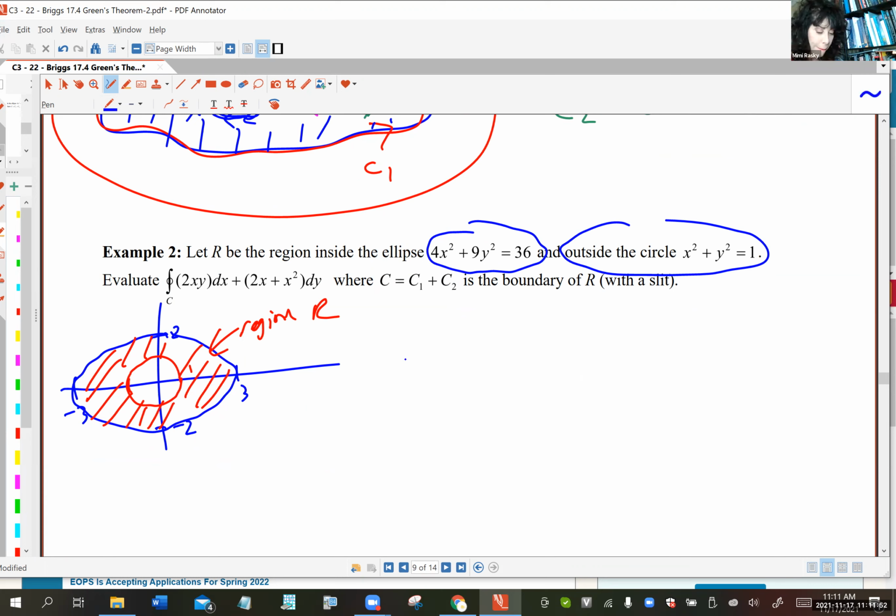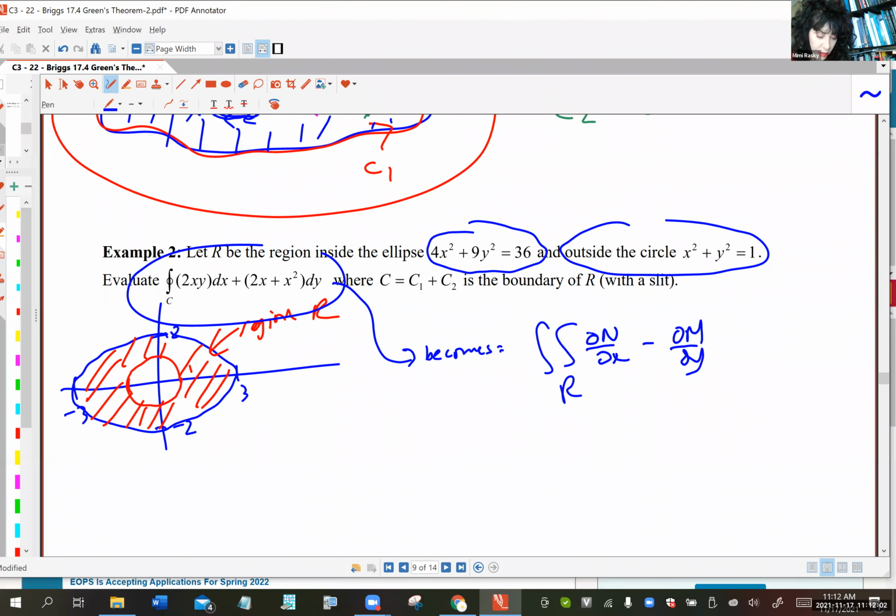So check this out. This line integral becomes the double integral over the region of dN/dx minus dM/dy. Yeah, you can do that. So let's get dN/dx minus dM/dy. M is 2xy and N is 2x plus x squared.